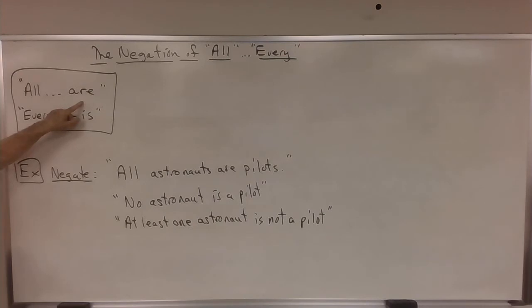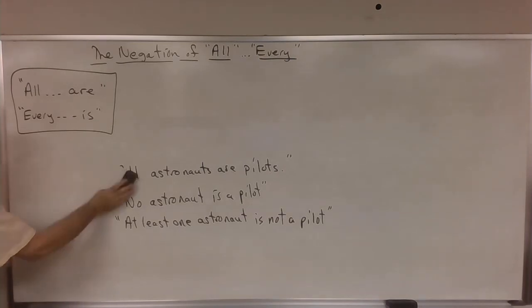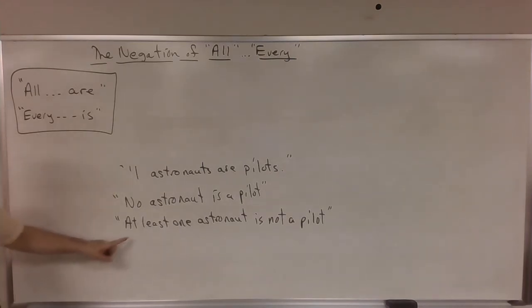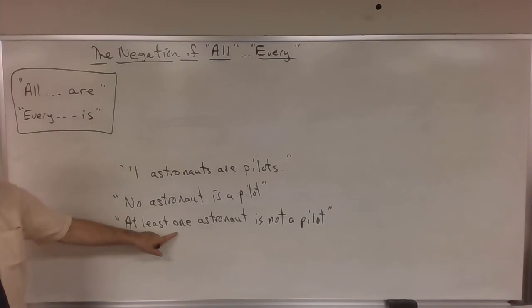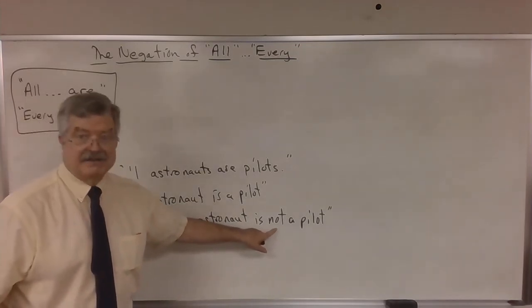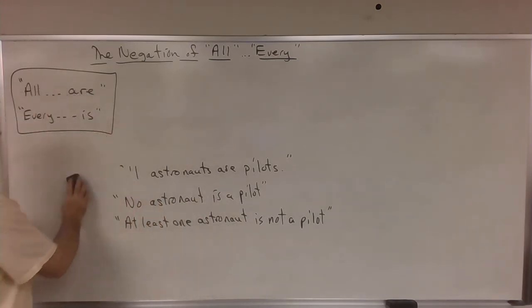All astronauts are, every astronaut is, they're equivalent. Now let's look at the negation. The negation was at least one is not. Okay.